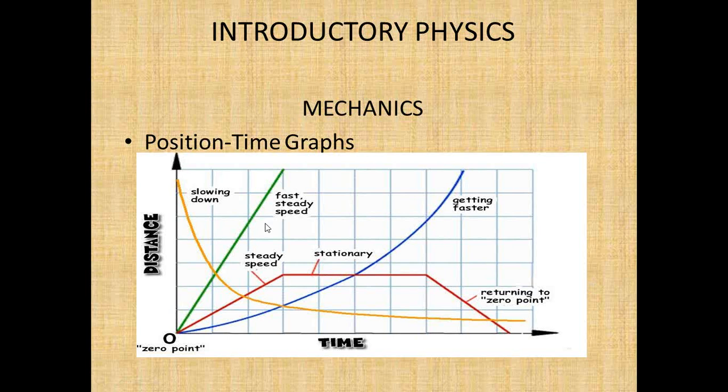A straight line tells you that you have a constant velocity. If the line is steeper, it suggests a faster velocity.